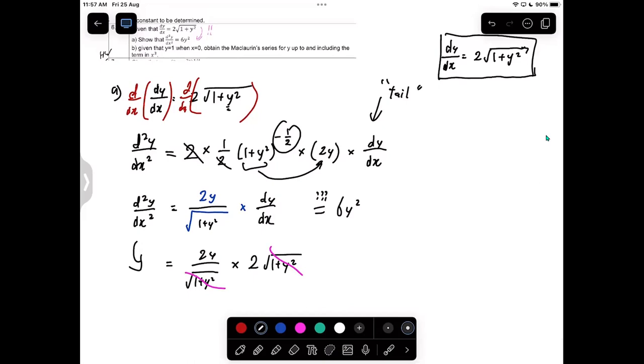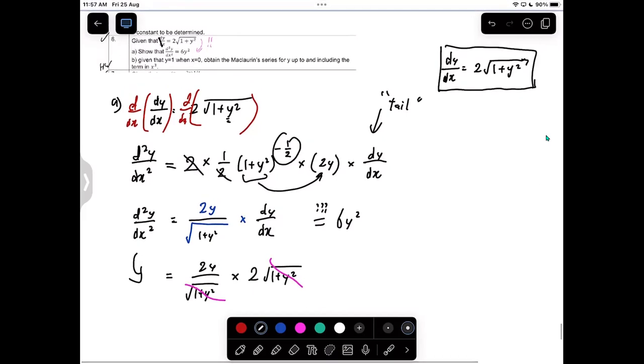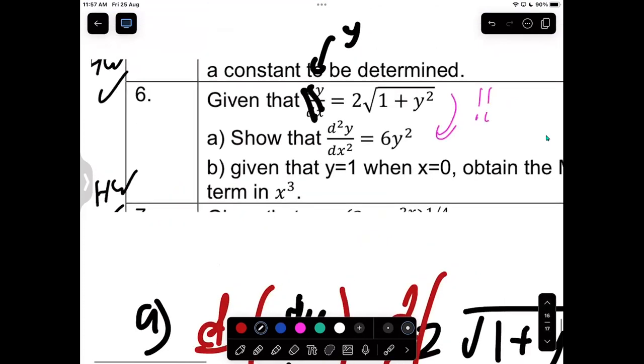Ah, was it a typo? I think I meant for this to be a y. Hold on. Yes, it was a typo. I am so sorry. The question was wrong. This was meant to be a y, not dy/dx. I'm so sorry. Can we redo this question?